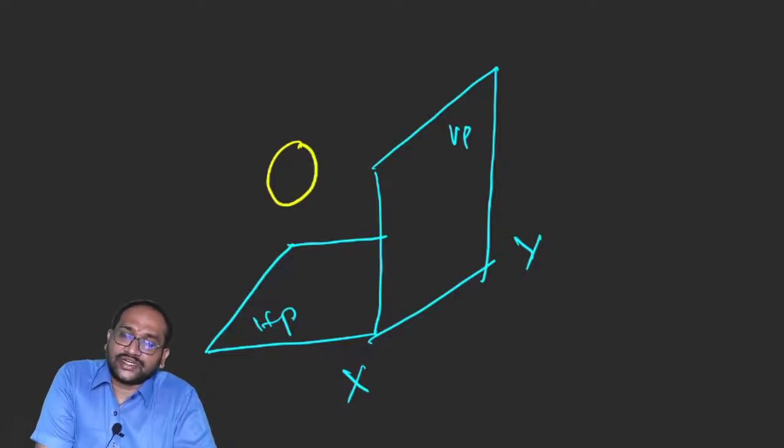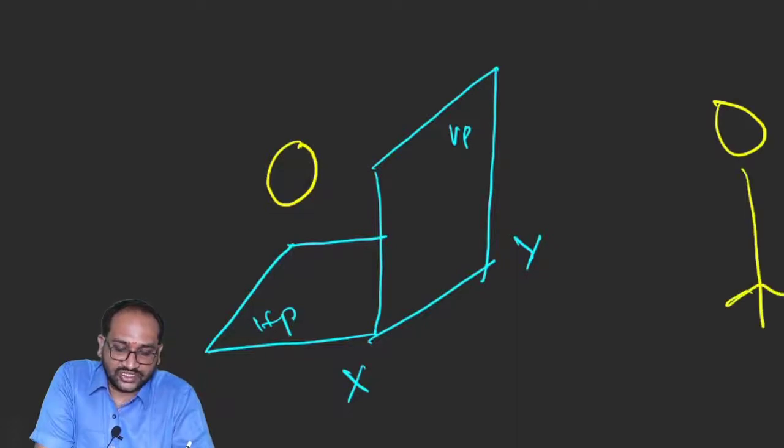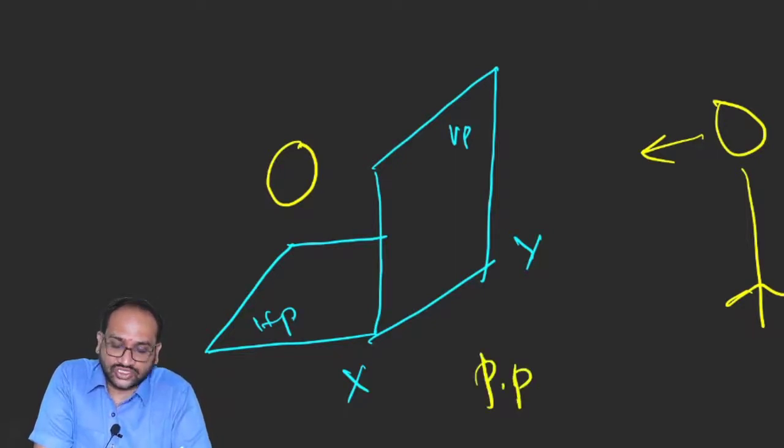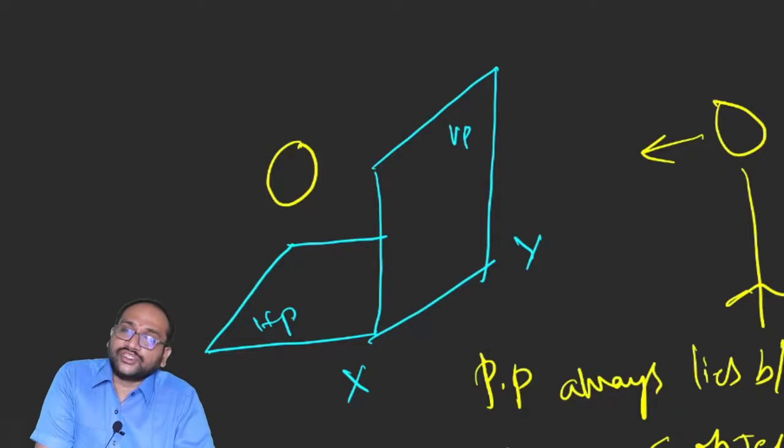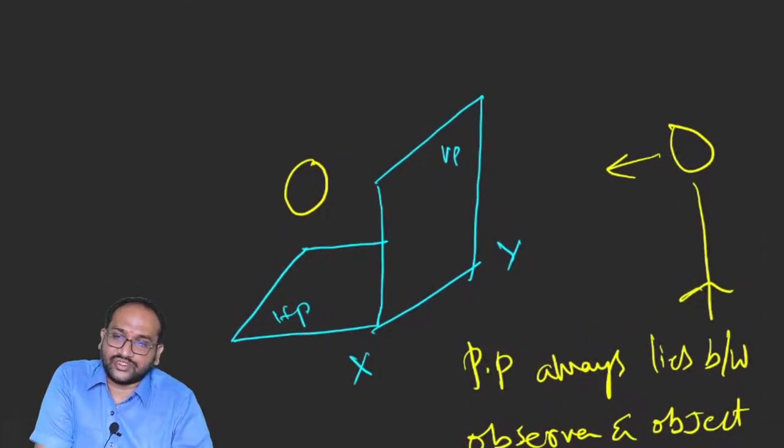Object is placed in second quadrant, it is known as second angle projection, and observer always sees the object in this direction. Second angle projection principle is plane of projection always lies between observer and object. Okay, this is second angle projection principle.